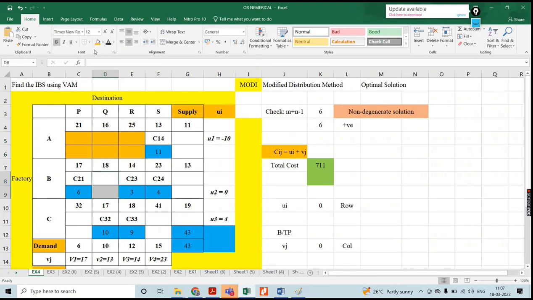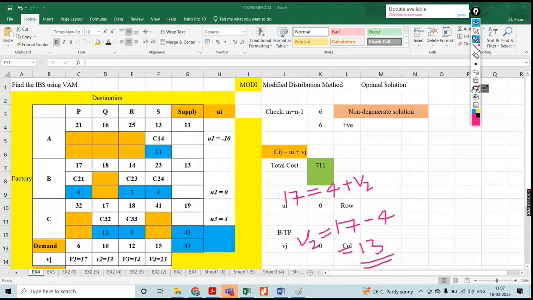It means we have not done any allocation for these cells. I am changing color here. All these are the unoccupied cells. For each unoccupied cell, you have to evaluate Ui plus Vj.